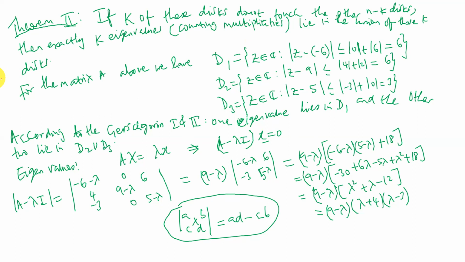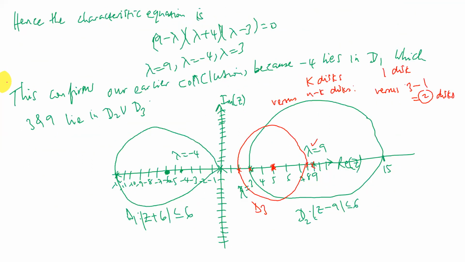Right, so one way to look at that is to say, you look at these as k disks in view of the theorem, and this one is n minus k disks.